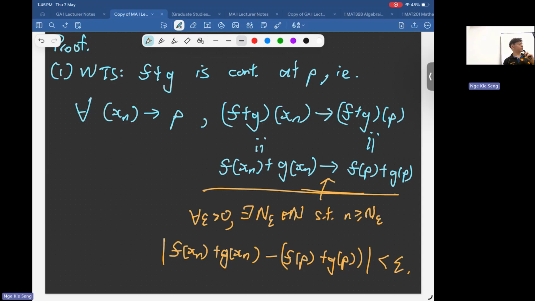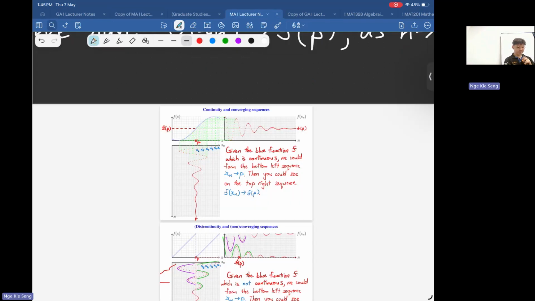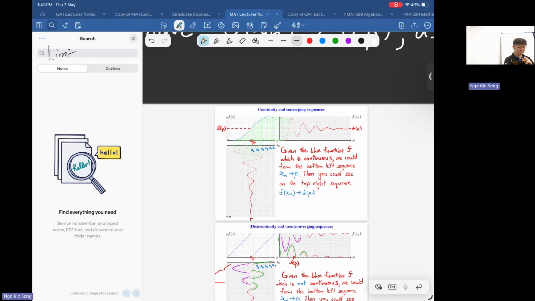Is this one familiar or not? Not familiar? Okay, let's go back to the limit law.